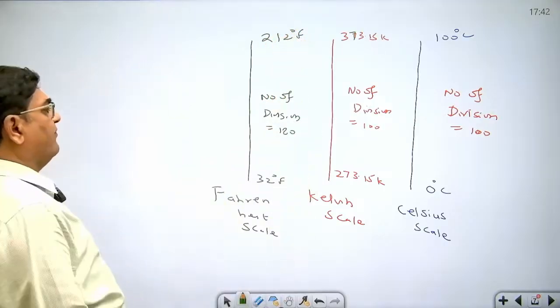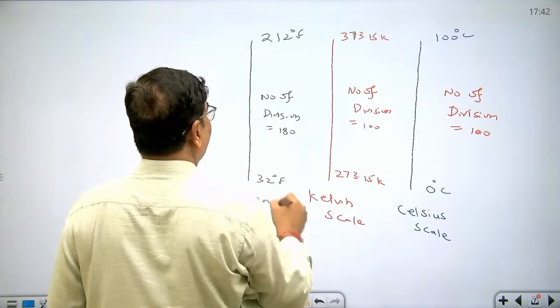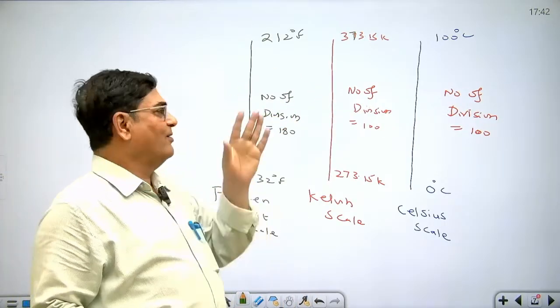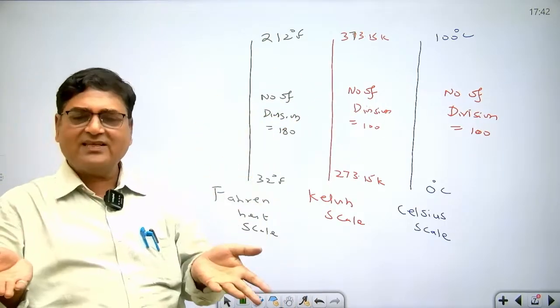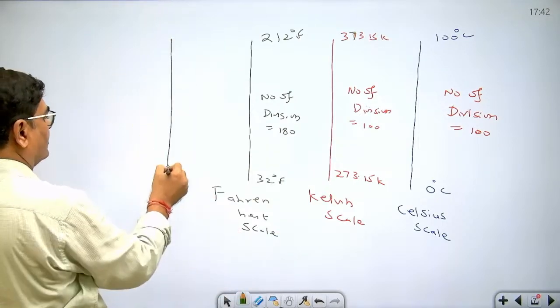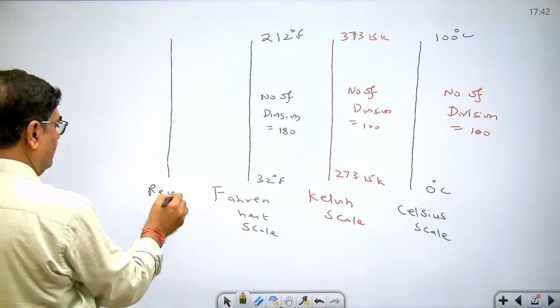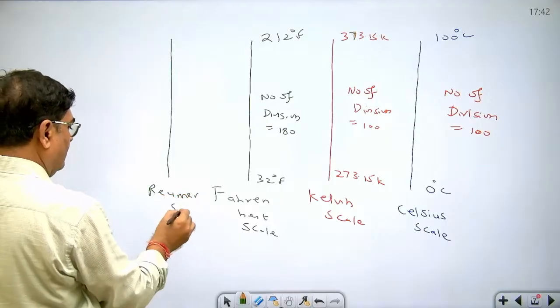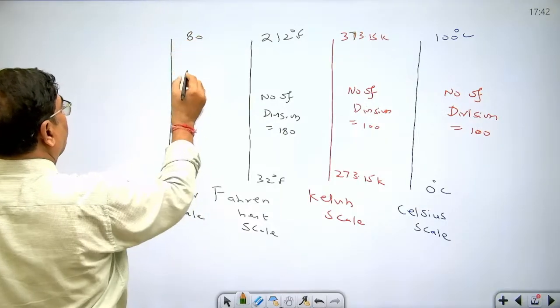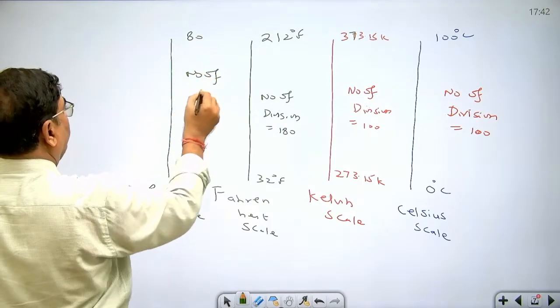The number of divisions is 180, which means one division here is smaller than one division on the Celsius scale. Okay, more is the number of divisions, lesser is the value. Now let's talk about the Romer scale. The lower point is 0 and the upper point is 80. The number of divisions is 80.